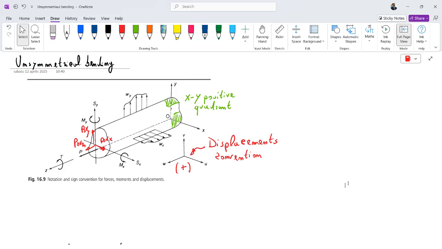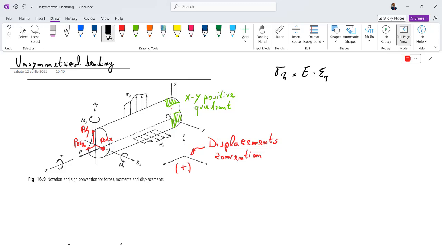That means the material obeys Hooke's law. We always have this formula: sigma z is equal to Young's modulus times the strain epsilon z. So we have this formula also in this topic, also with unsymmetrical bending.